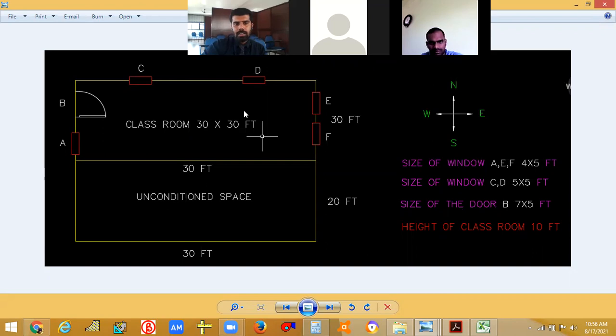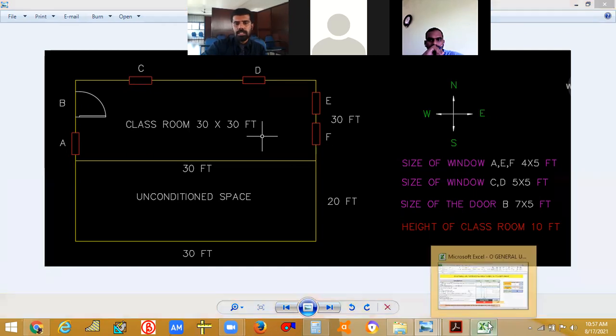They have asked what the largest size of the window is. The size of windows A, E, and F is 4 into 5, 20 feet only. When it comes to C and D, the area is 5 into 5, 25 feet.